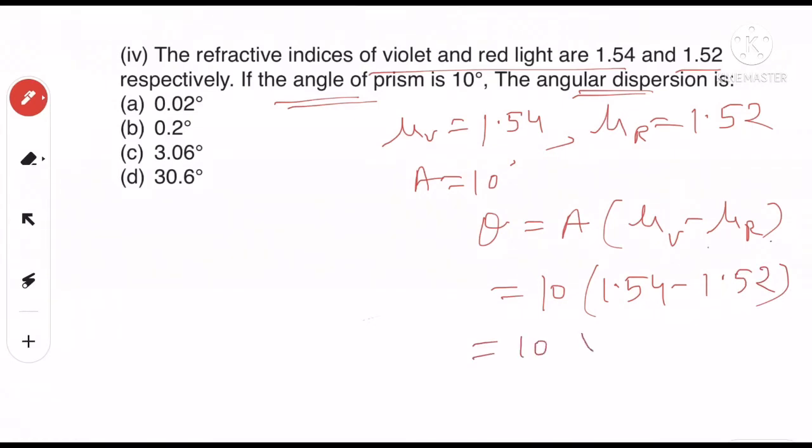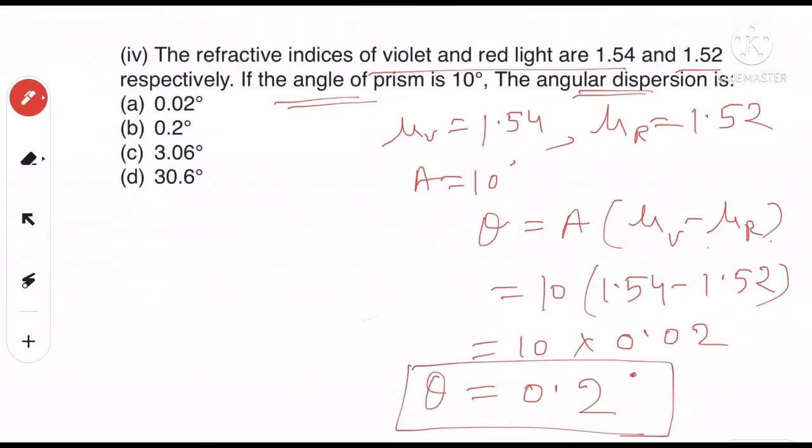Subtracting, we obtain 0.02, so this will be 0.2 degree. Theta will be 0.2 degree. So this is the correct option.